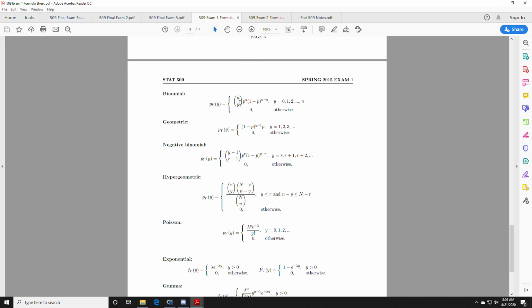Anytime we have an n choose x, or whatever choose whatever, it's just, in this case, n factorial divided by y factorial times n minus y factorial.